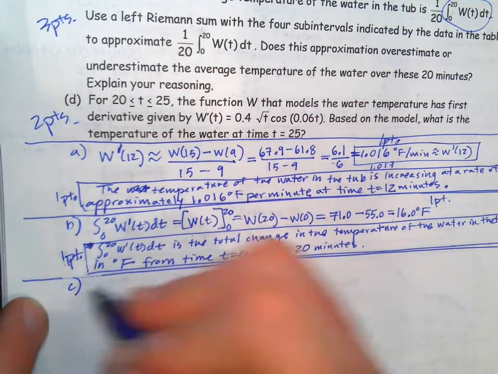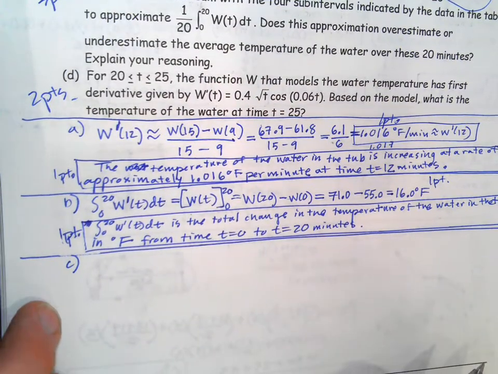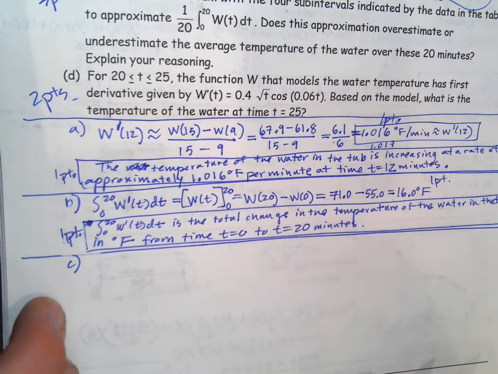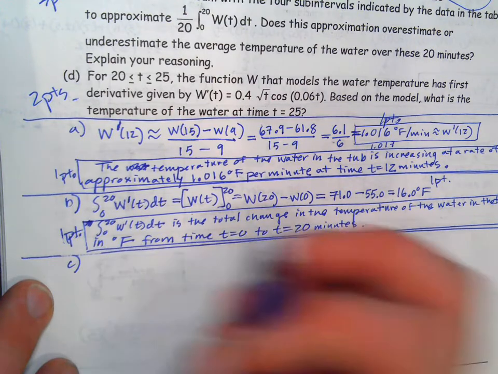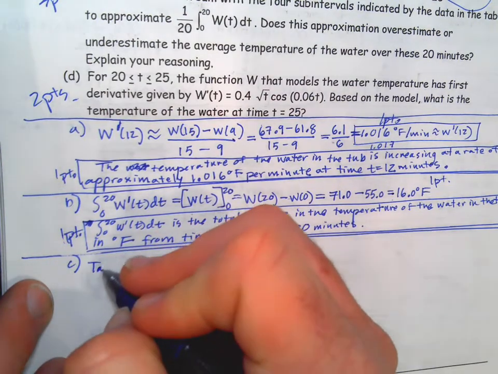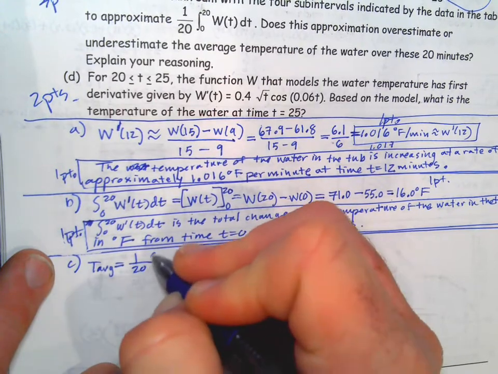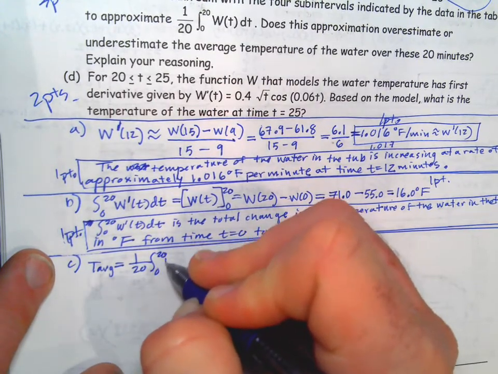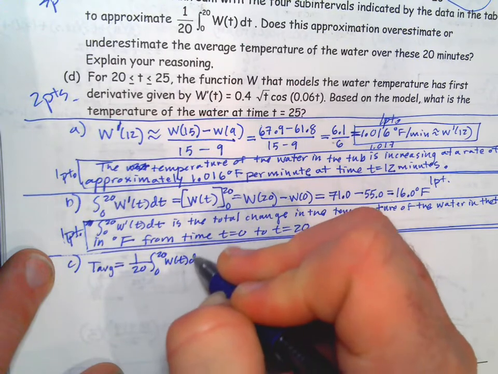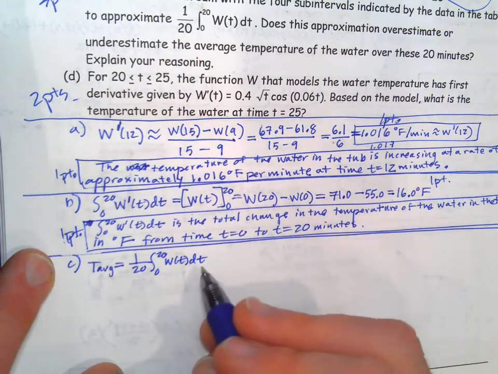Okay, part C says from 0 to 20, the average temperature of the water in the tub is 1/20 times the integral. So they're just telling you this is the average temperature of the water. And by the way, this is the mean value theorem for functions, and we haven't talked about that quite yet. But I think we can get away with it right now without talking about it. They're just telling you, use this, okay?